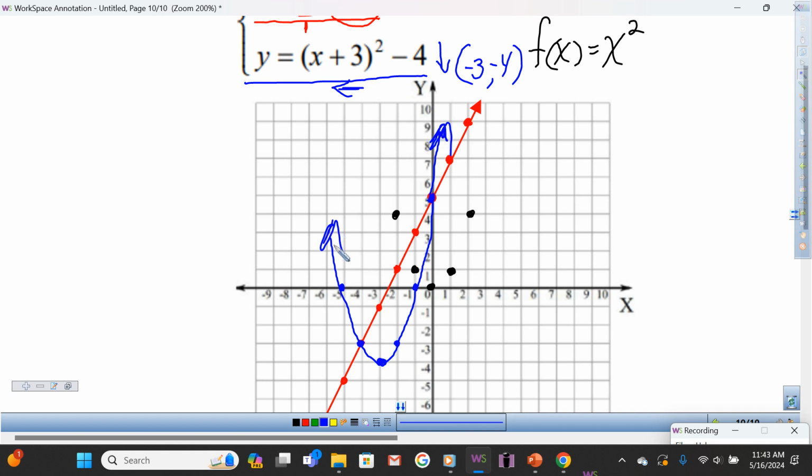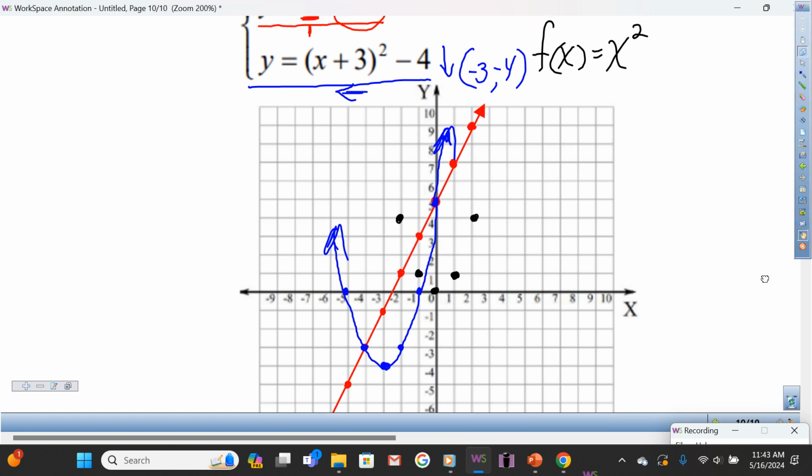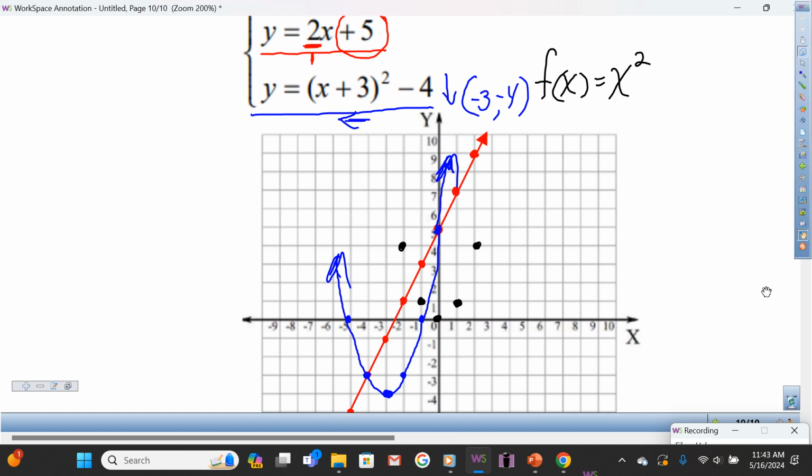So, with that said, I want you to point to the solutions and tell your neighbor, why are those the solutions? What are the solutions? See if they remember. The solutions are where both graphs intersect. So put a big green one here and another big green one right here.